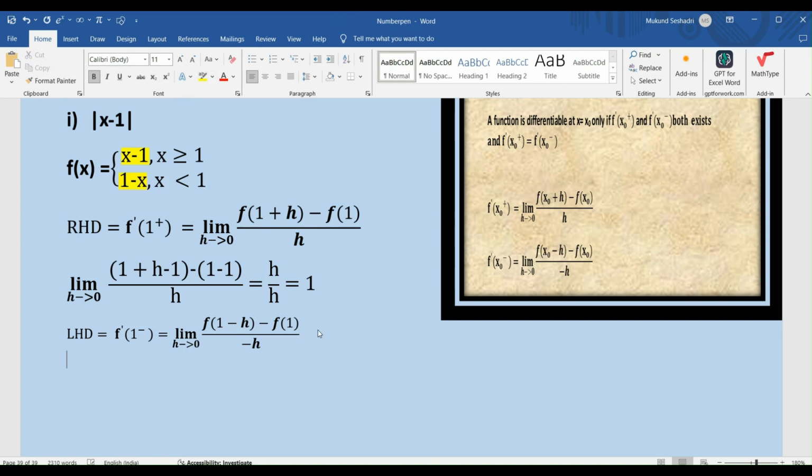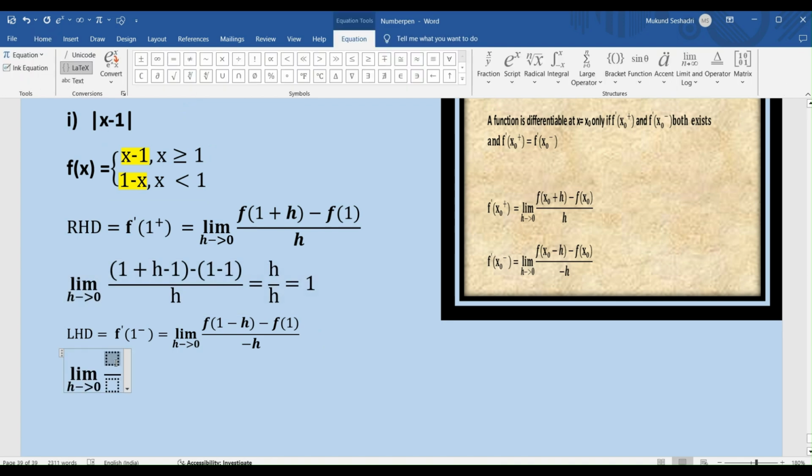I will have to apply this particular function, so I'm going to rewrite this in the next line. And when I do this, I have my f of 1 minus h as 1 minus, 1 minus h. And then I have minus of f of 1, which means that x equals 1.